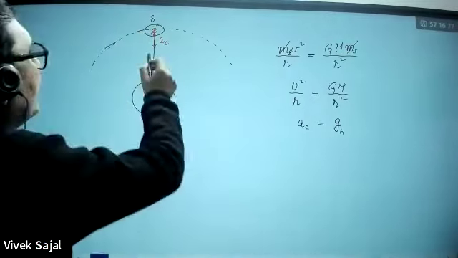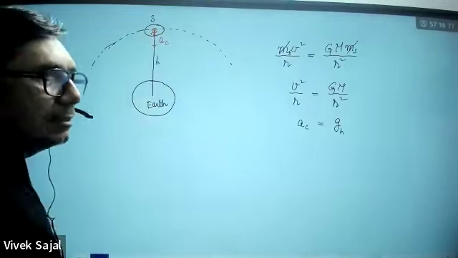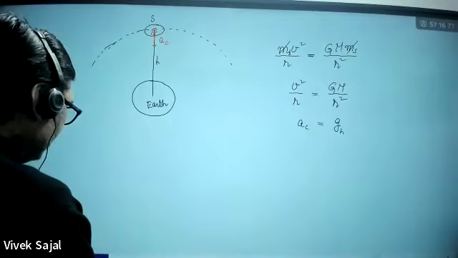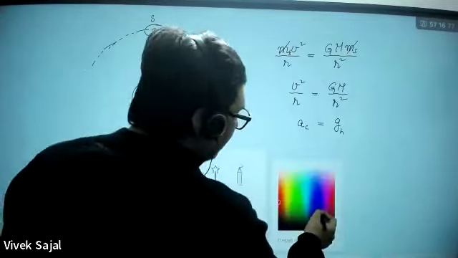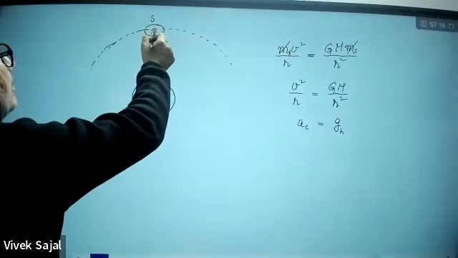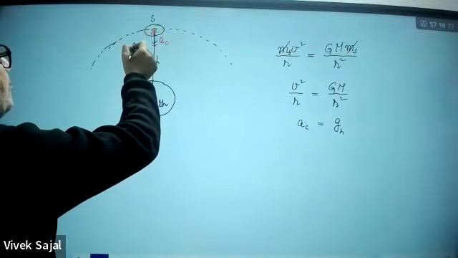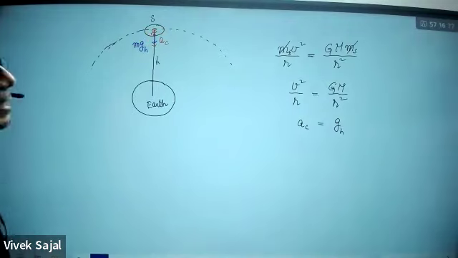This person is attracted by the Earth by a force, you call it weight. So what is the natural weight? It's weight mgh, you can say, that is acting here.